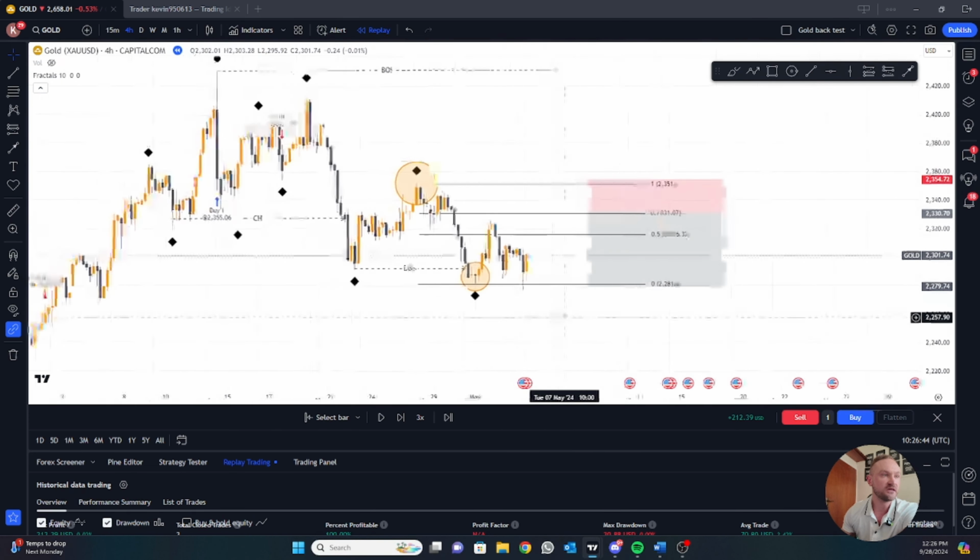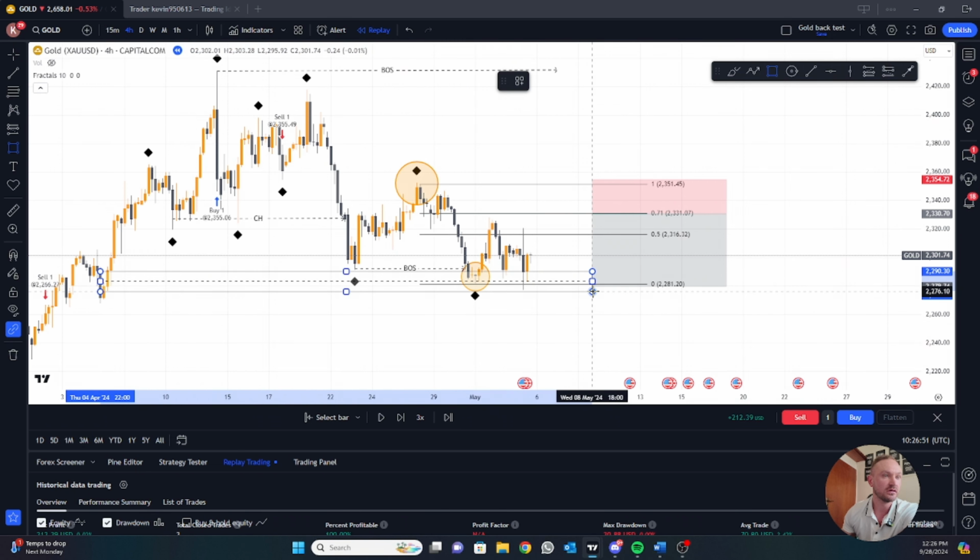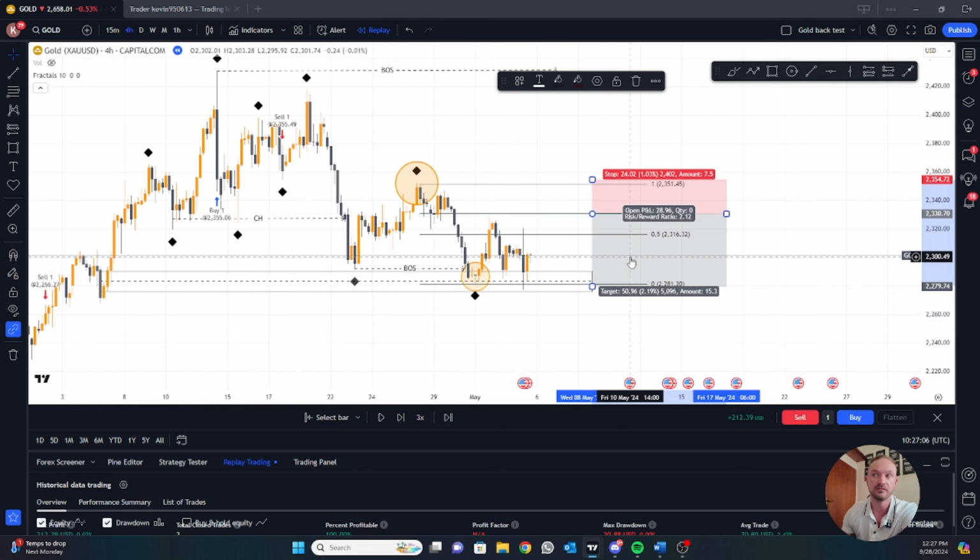So I would say this trade is now invalid because we've got quite a strong support or order block right here. So we can see we have bounced once, twice, 3 times and 4 times from this block. So I would just wait for another break of structure to take place before I consider entry again.